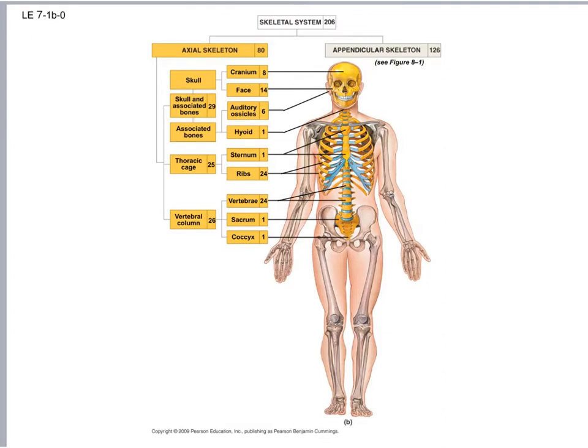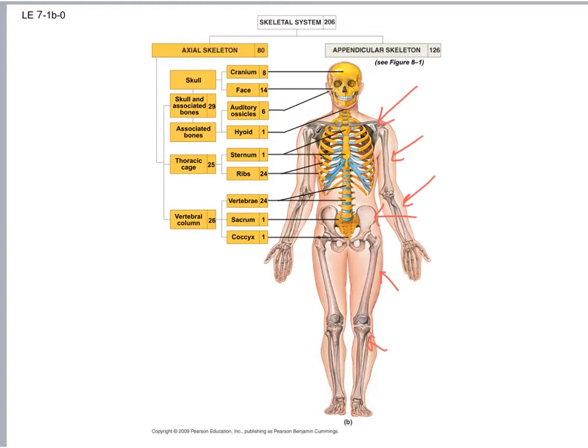If we look at this picture, you can see all of the bones that are in that yellow color. That's the axial skeleton. So it would be important to know, as a test question, what's in the axial skeleton and what's not. You can see the bone-colored ones here, the arms and the legs, the hips and the shoulders. Those are part of the appendicular skeleton, and that's what we cover in Chapter 8.